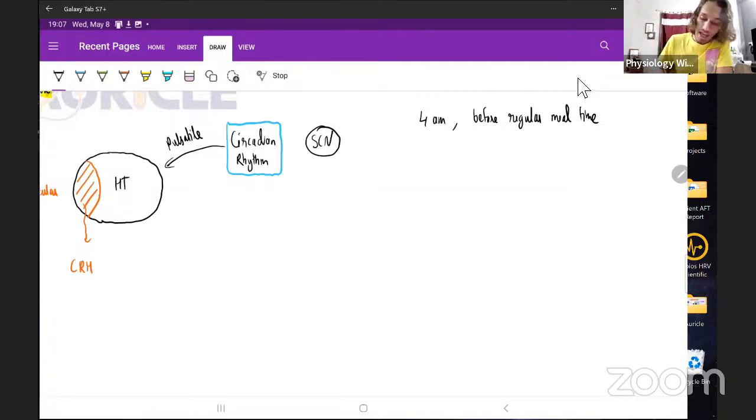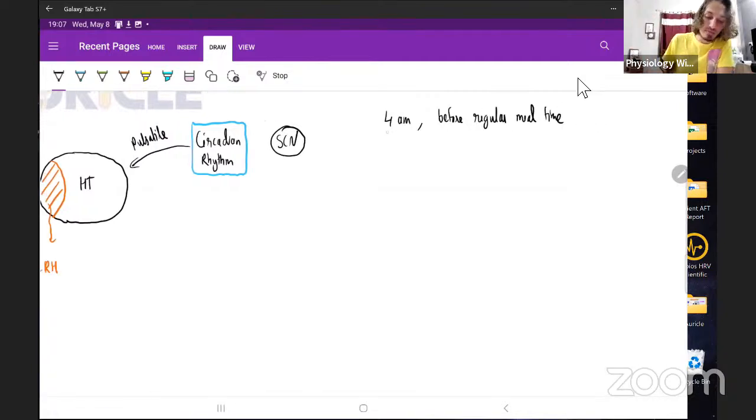This is just a starting point. When we talk about the peak, usually around 6 a.m. it peaks, and the nadir, that is the lowest, is around midnight. So this is one signal that regulates your HPA axis, your circadian rhythm.